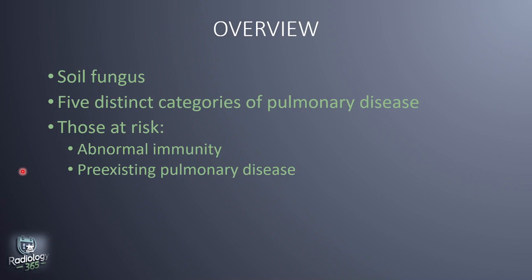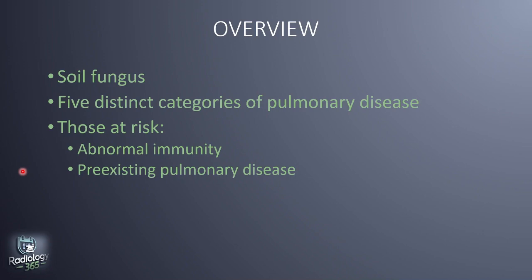So the patient may be asthmatic, may be immunocompromised, may have some prior infection or some structural or congenital abnormalities. Any of these will determine what kind of Aspergillus manifestation the patient will present with.